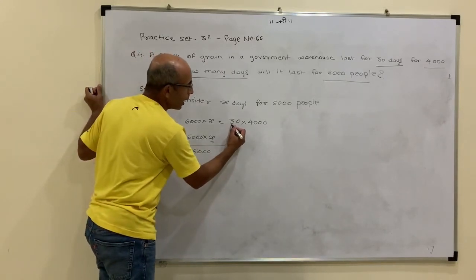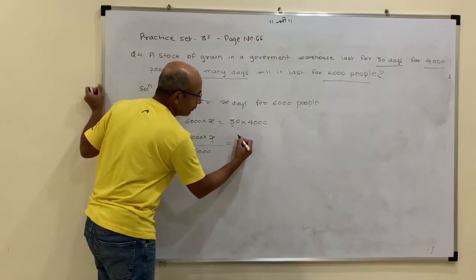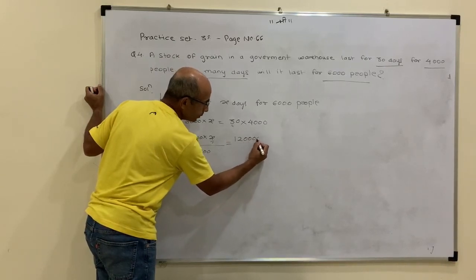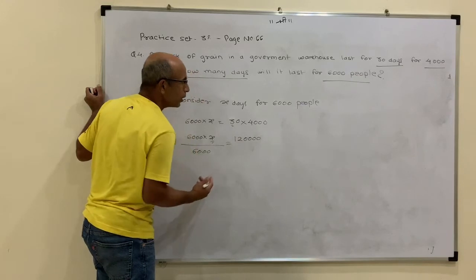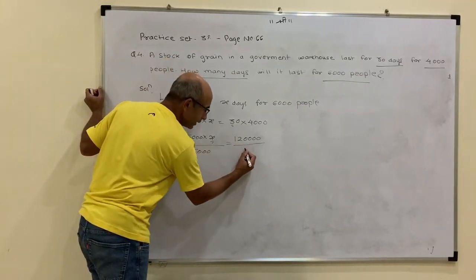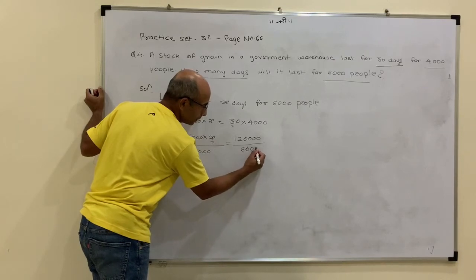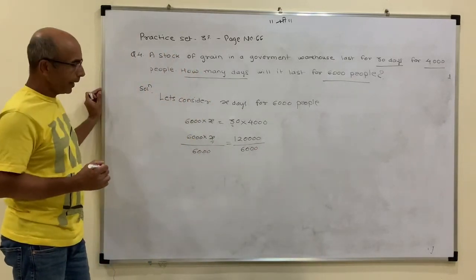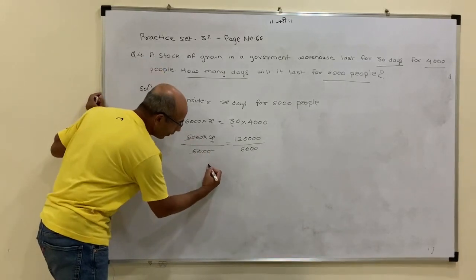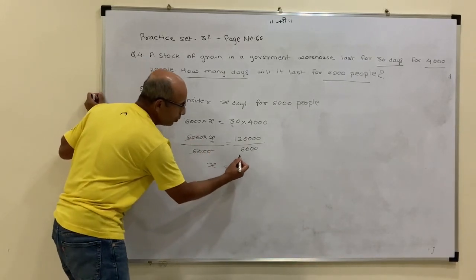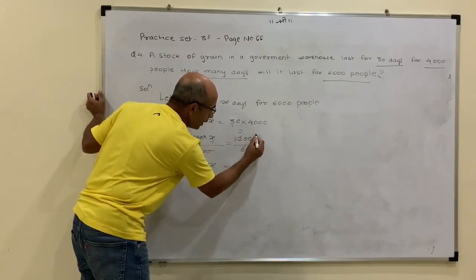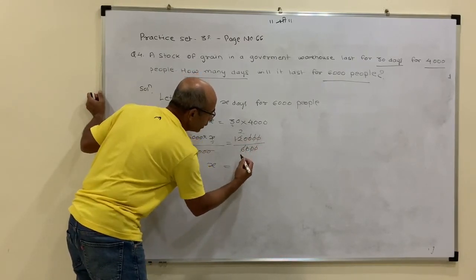But before that, I do a multiplication. 3 4s are 12, so it comes out to be 1,20,000, divided by 6,000. Right? So now 6,000 is gone. x equals 6 2s are 12, then 0, 1, 2, 3 zeros.